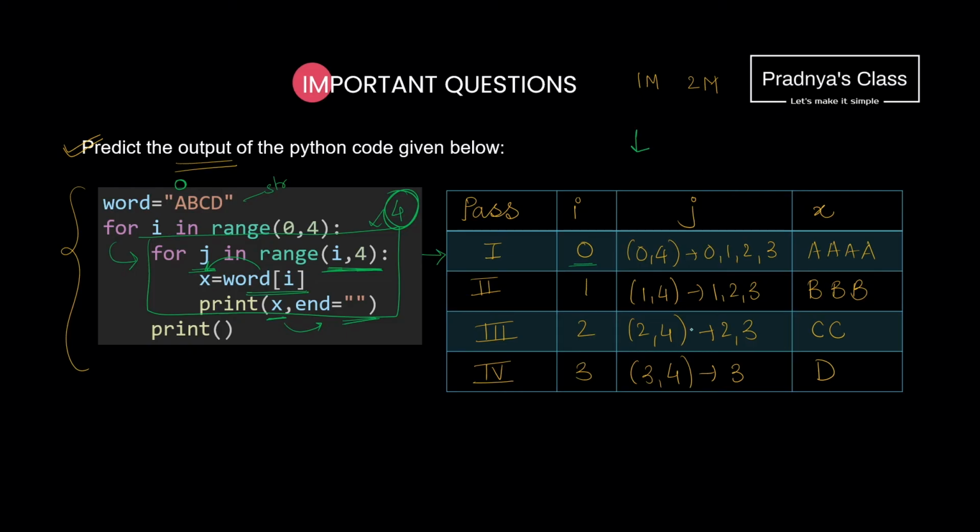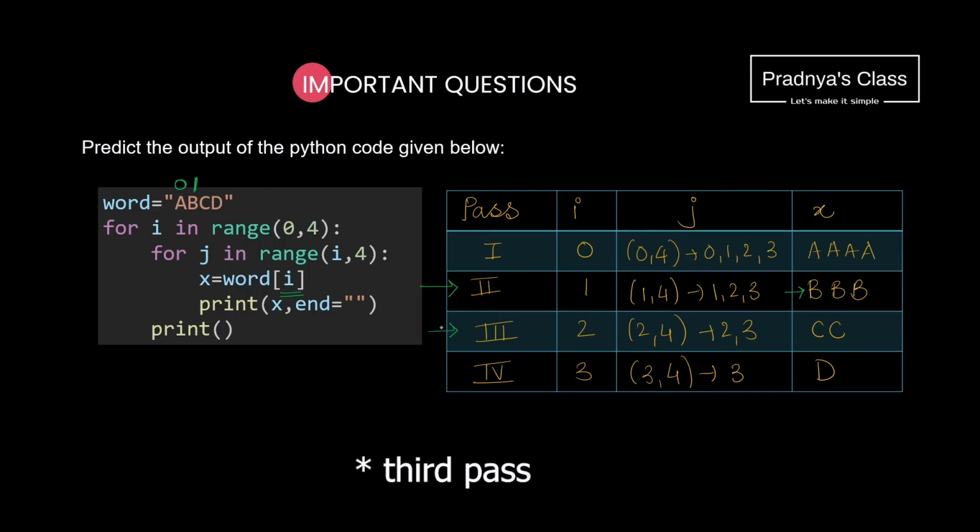Hope you understood the execution of the first pass. In the same way we need to execute for other passes. Now look at the second pass. The value of I will be 1. J will be 1, 4. 1, 4 means it will get executed 3 times. Now at the index 1 we have character B. Ultimately it will get displayed 3 times.